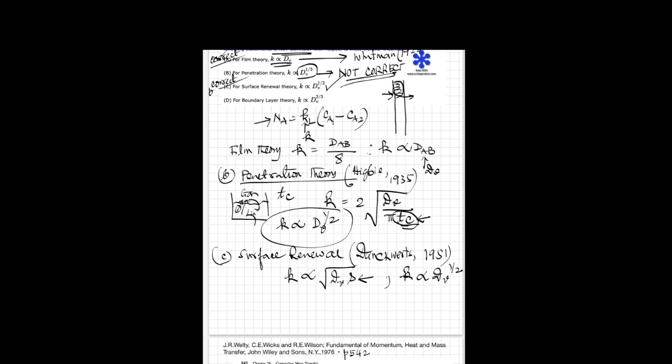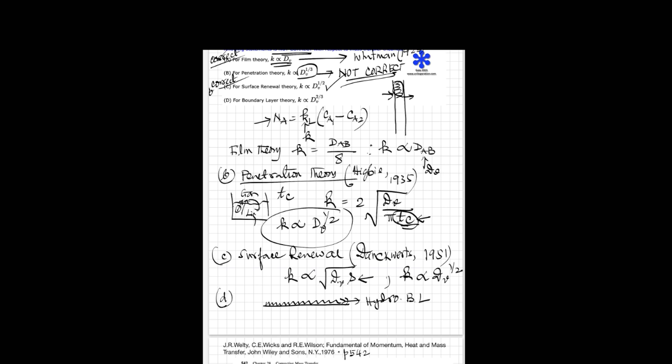How about D? This is the boundary layer theory. It basically assumes that the maximum resistance to mass transfer is offered by the laminar sublayer, and here's the hydrodynamic boundary layer, and that's where the resistance to mass transfer lies. Here the velocity gradient and the concentration gradient lie.